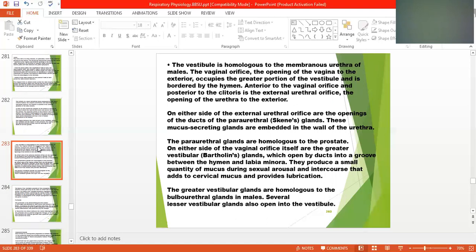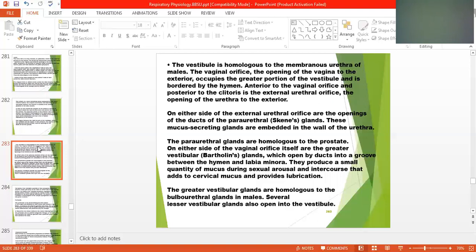The vestibule is homologous to the urethra of the male. The vaginal orifice, the opening of the vagina to the exterior, occupies the greater portion of the vestibule and is bordered by the hymen. Anterior to the vaginal orifice and posterior to the clitoris is the external urethral orifice, the opening of the urethra to the exterior.